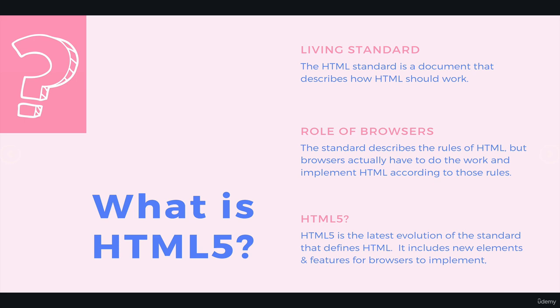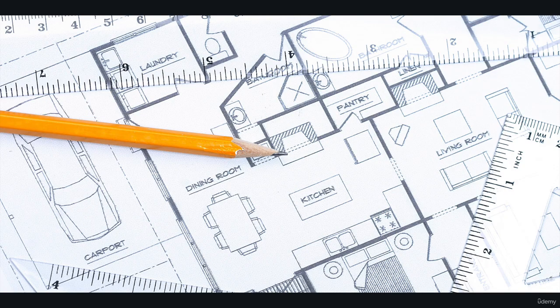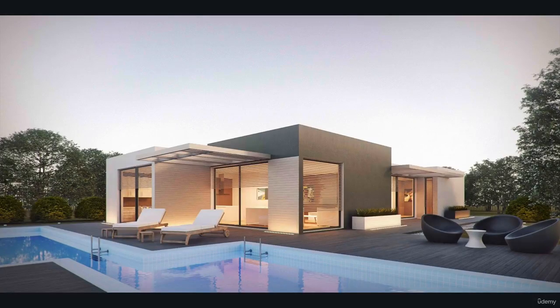Instead, HTML is defined basically as a set of instructions for how HTML should work. There's a document called the standard, the HTML standard, that says, here is how HTML should work. Now, your mission, if you choose to accept it, is to take these plans and actually implement HTML in a browser. So Google goes and looks at those plans, and they build HTML in their browser in Chrome.